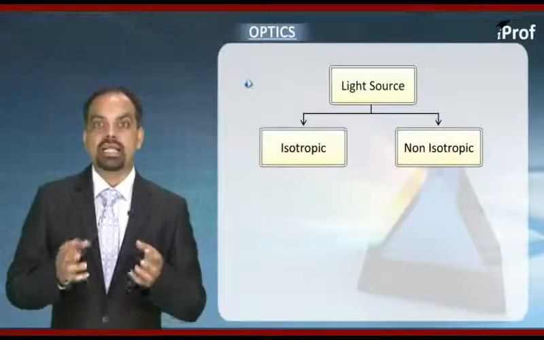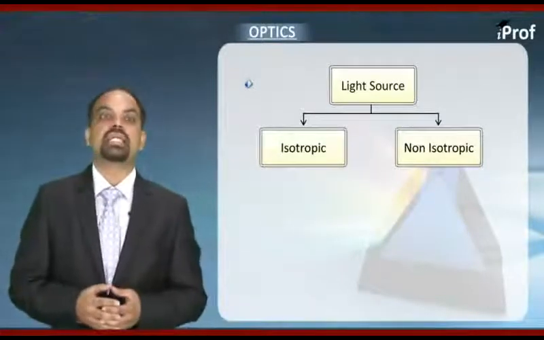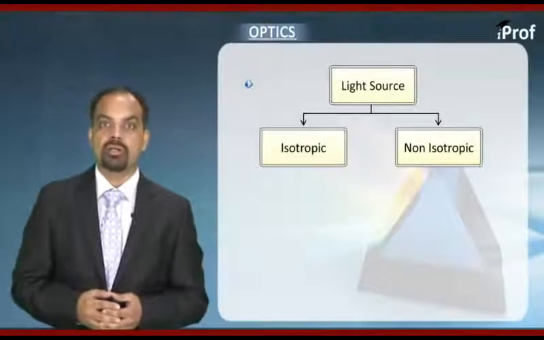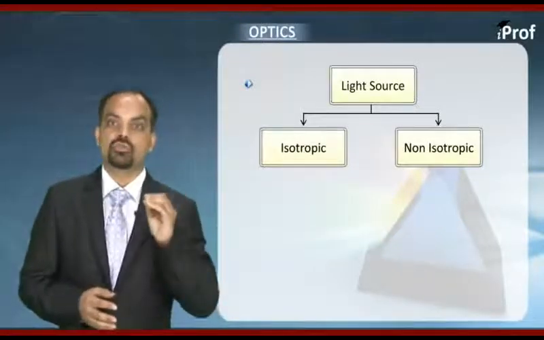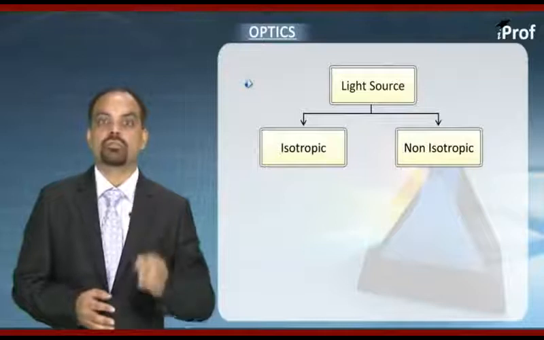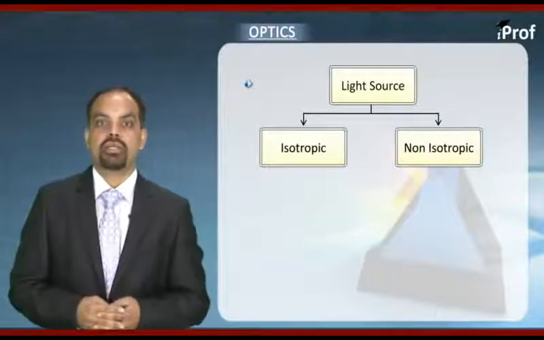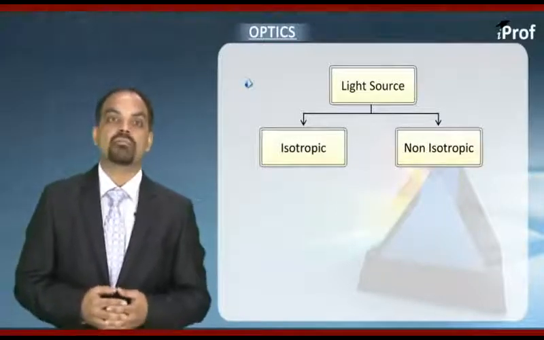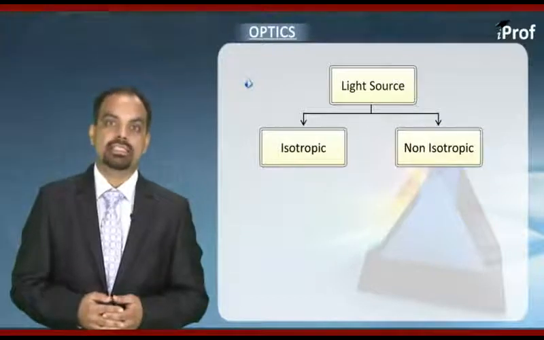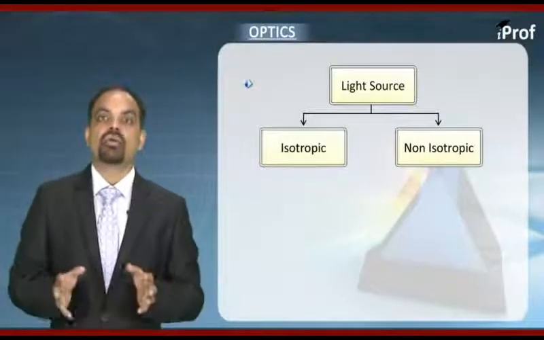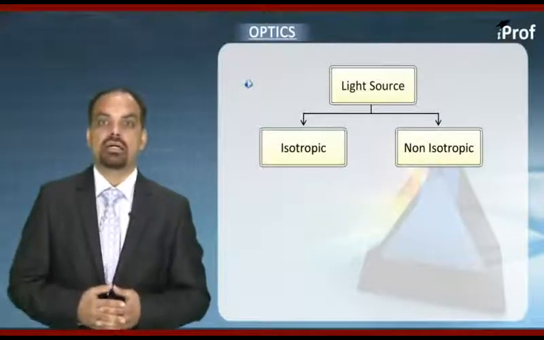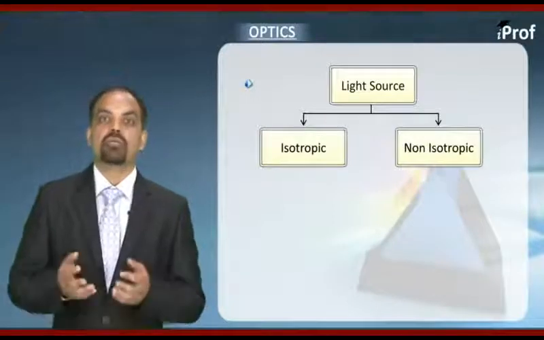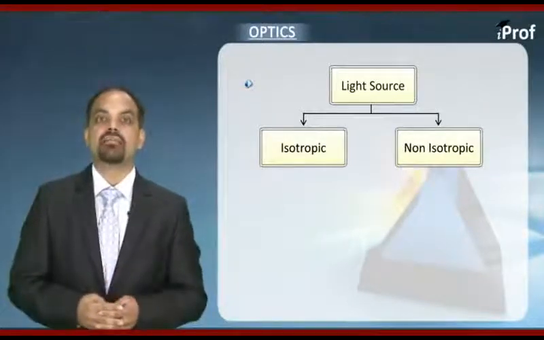As far as IIT JEE is concerned, whenever there is nothing specified in the numerical problem, we will assume our sources to be isotropic. Over the last 35 years, I have not seen any problem in IIT JEE or any other entrance examination where the source was non-isotropic. But we will take up one example dealing with non-isotropic sources.